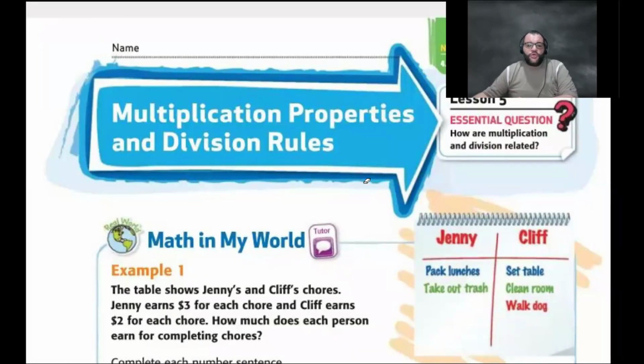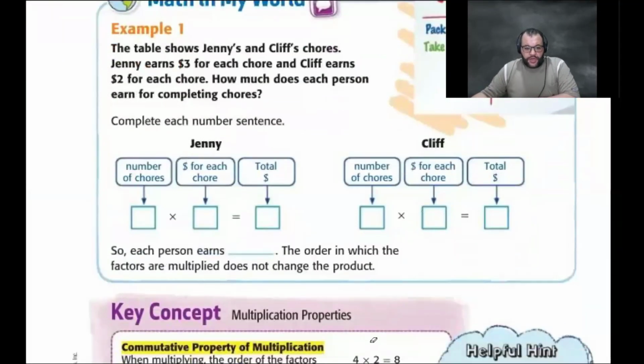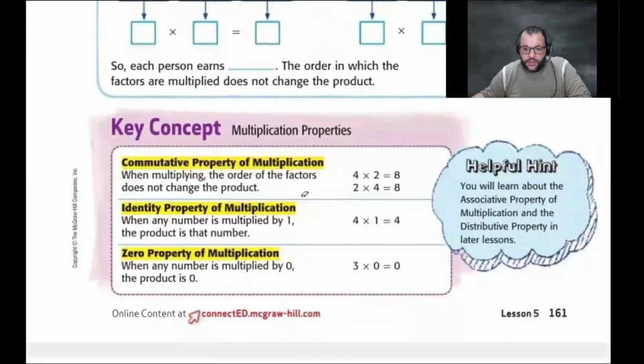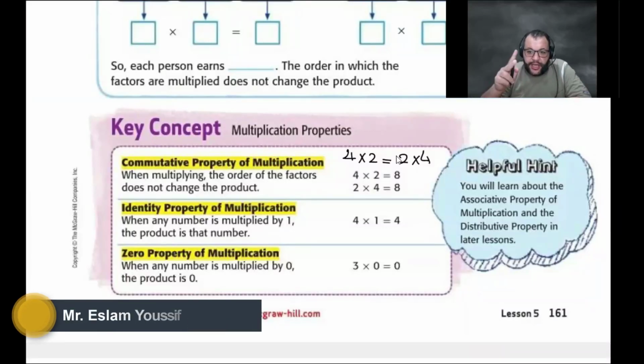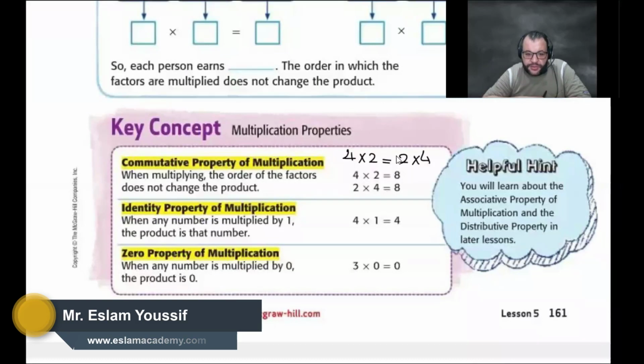Okay. So the same properties that we have for addition, we have the same for multiplication. The first property that we have is the commutative property. If you have 4 times 2, it would be the same as 2 times 4. You just change the order of the numbers. That's defined by the commutative property.